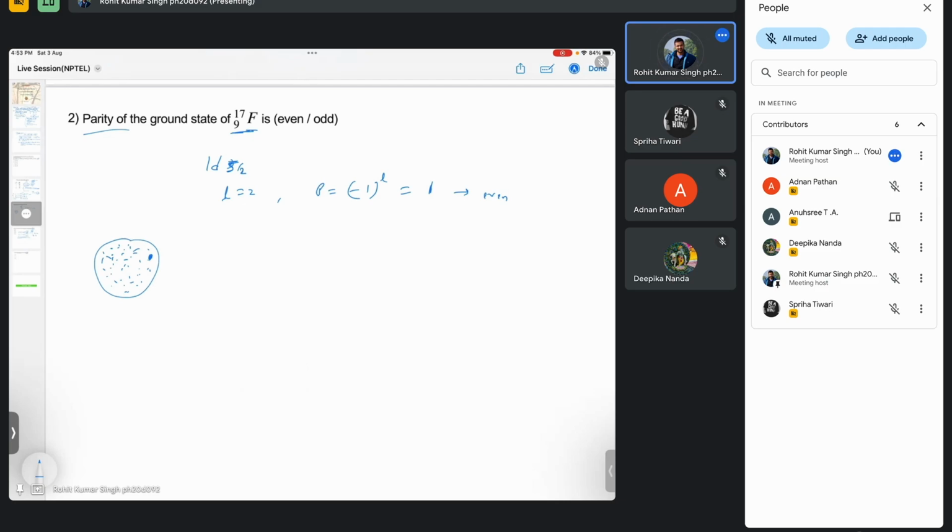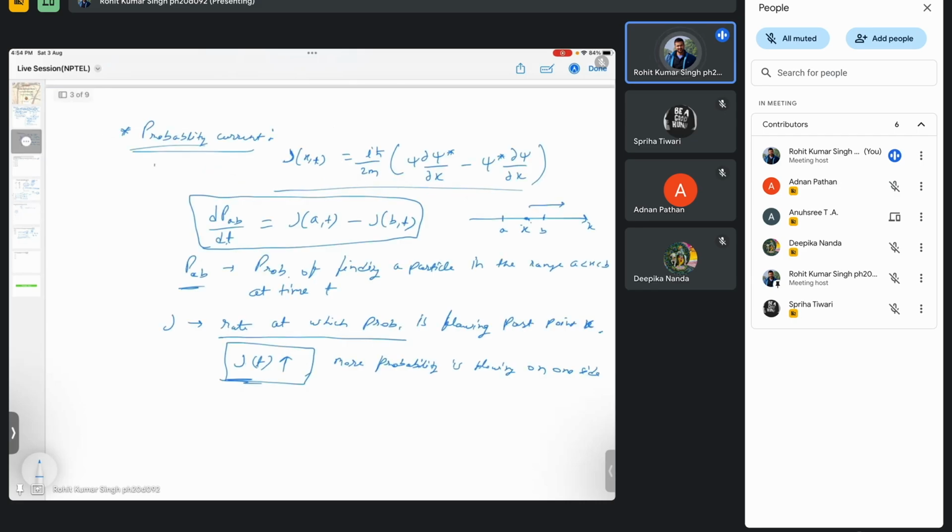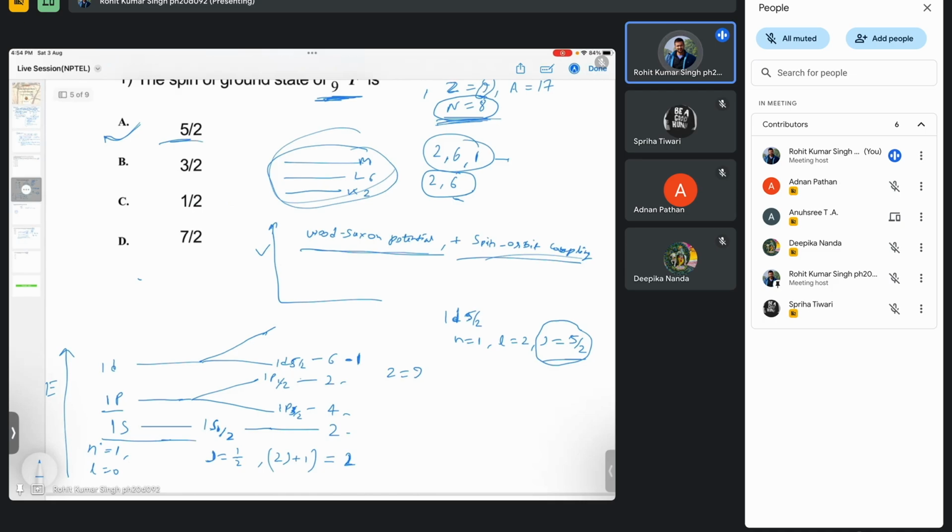nucleon. Because this splitting that I wrote, these energy levels that I wrote, it's for a single neutron or proton to occupy at the end, the excited state, the outermost shell.